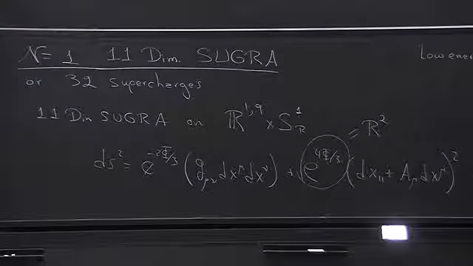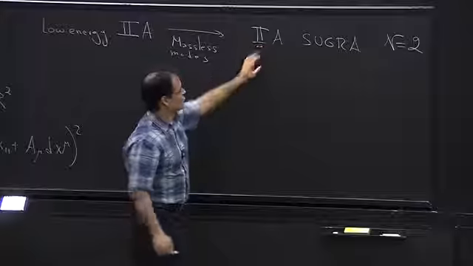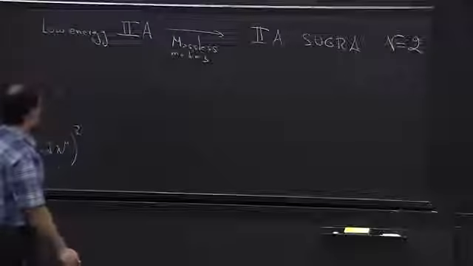Now, this theory has also 32 supercharges. But in 10 dimensions, that means N equals 2. That's the reason we have the 2. Okay?